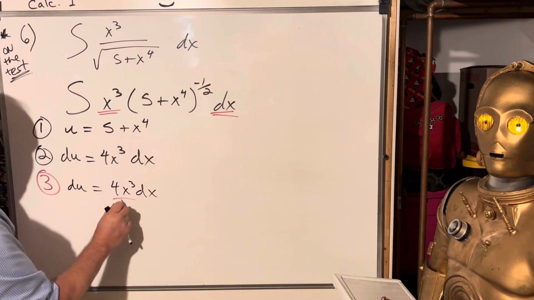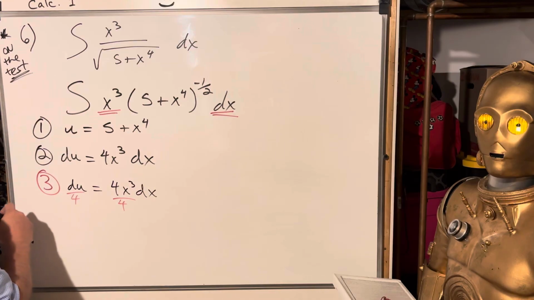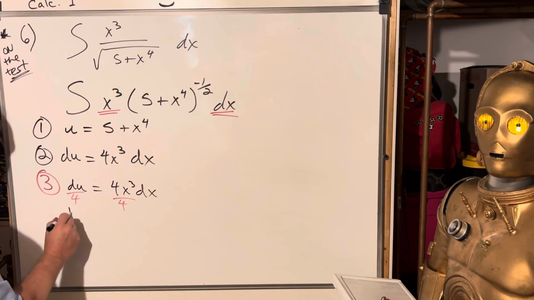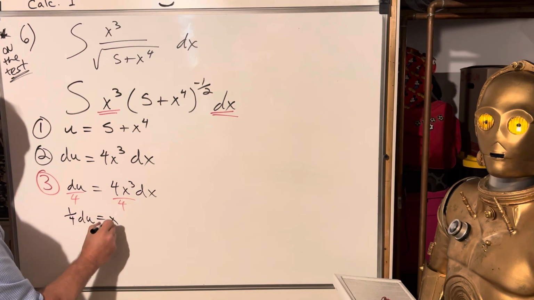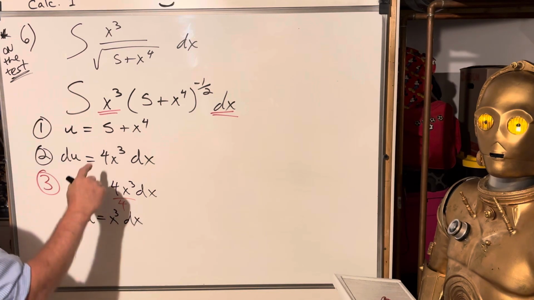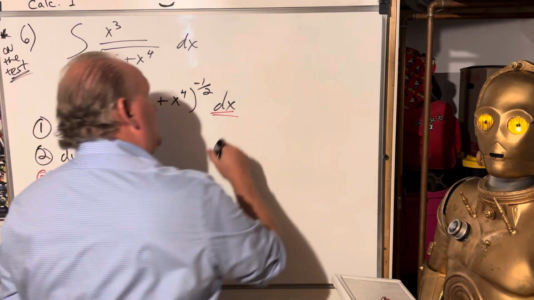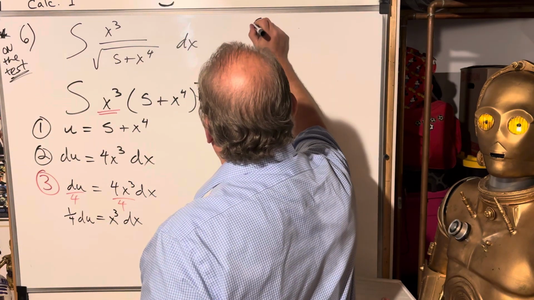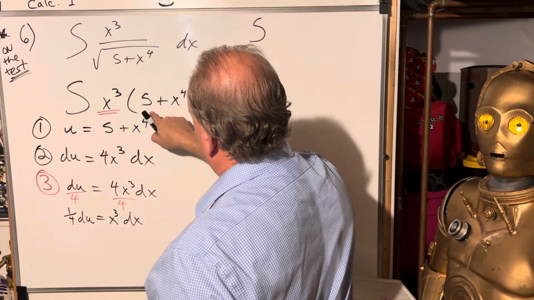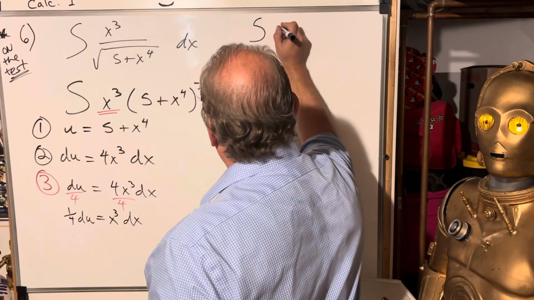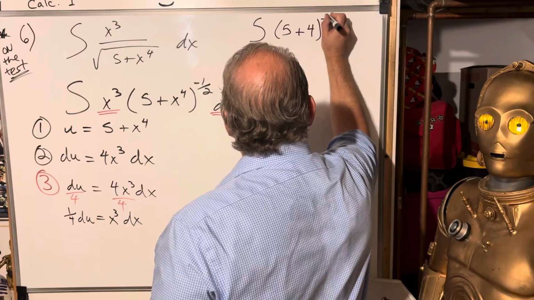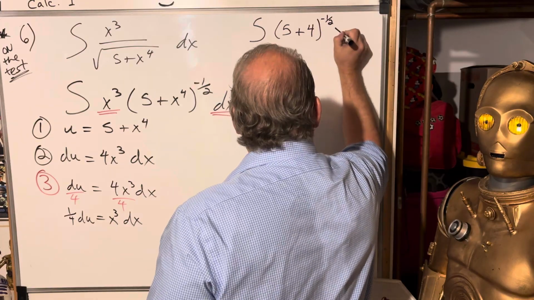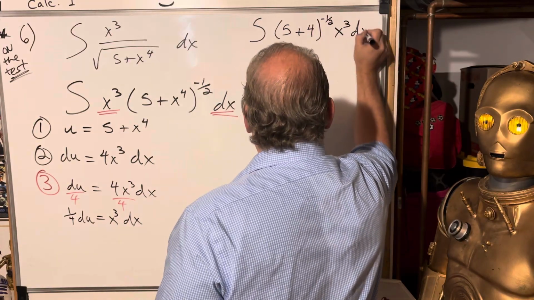So this requires a step 3, where we do du equals 4x cubed dx. And we divide by 4. And so now 1/4 du will be inserted in place of it. So again, if I don't skip any steps, just so you can see what's happening, I have this, but let's rewrite it so it looks like this: 5 plus x to the 4th, to the negative 1/2, x cubed dx.